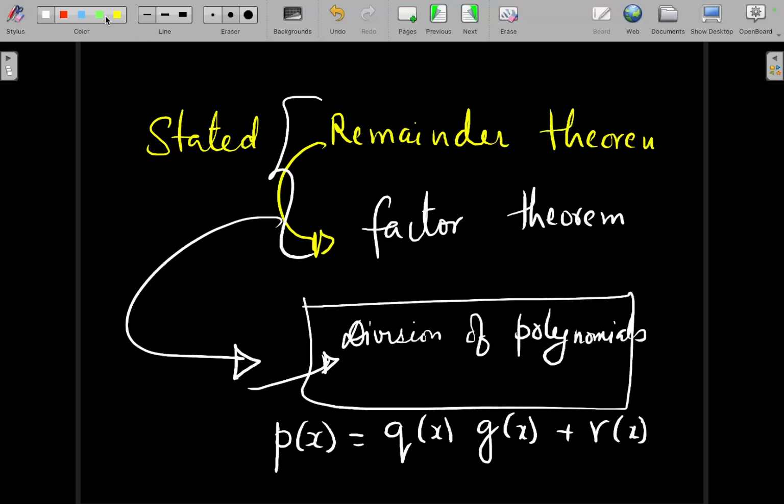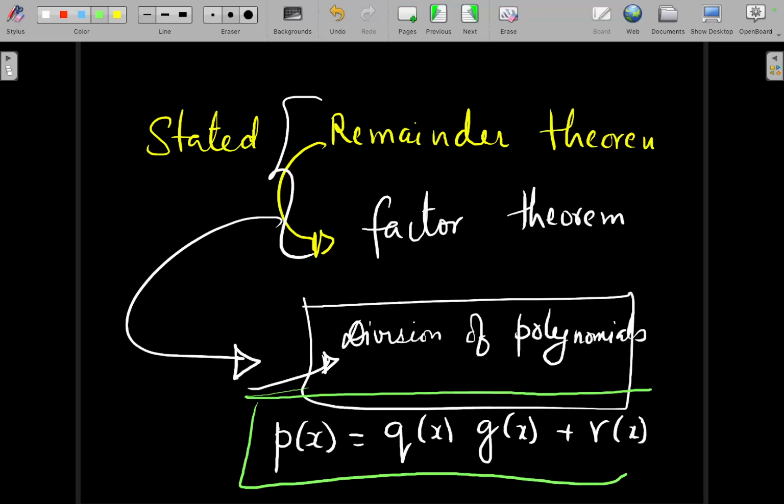This understanding was all that was required and was a crucial step in the proof. And so we have learned something very, very useful just because we are good at dividing polynomials and understanding what it means.